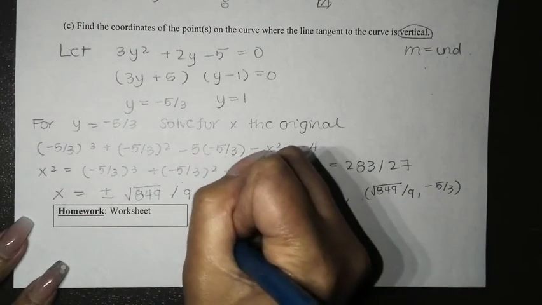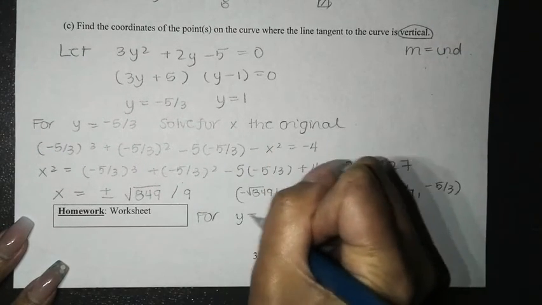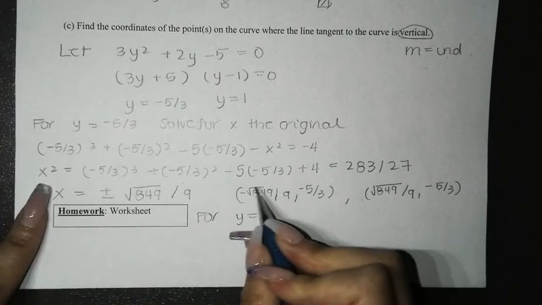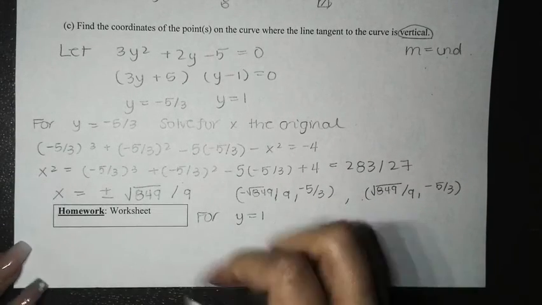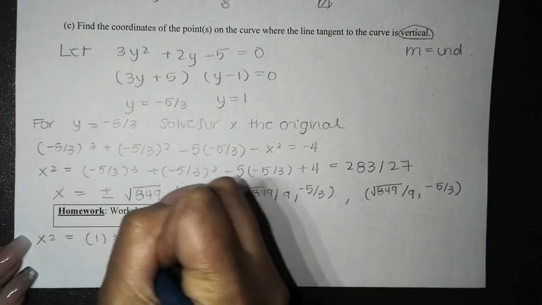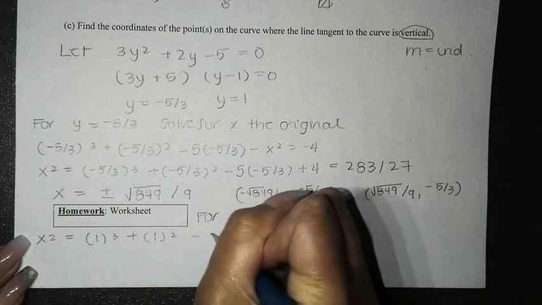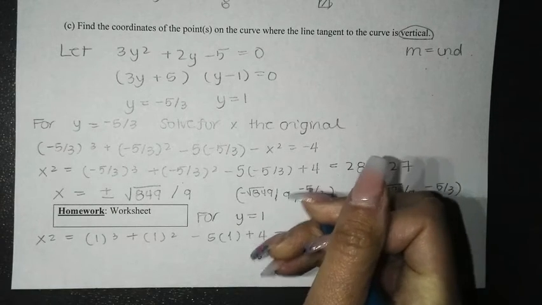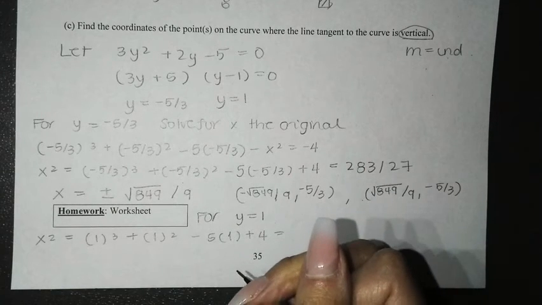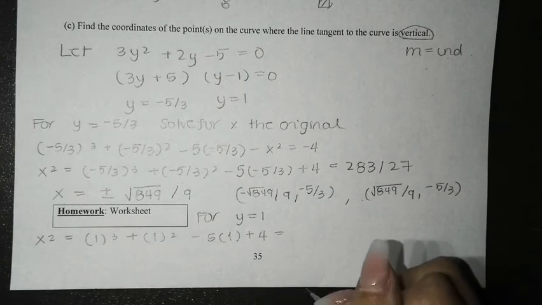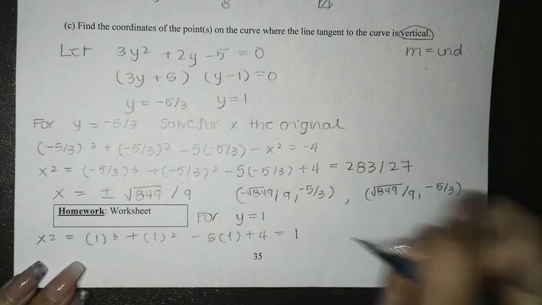For y equals 1, you're going to have an expression that looks like this one, so I'm going to reuse that. x squared is going to be equal to 1 cubed plus 1 squared minus 5 times 1 plus 4. That one is much easier to compute. You have that this is the surprising number 1.